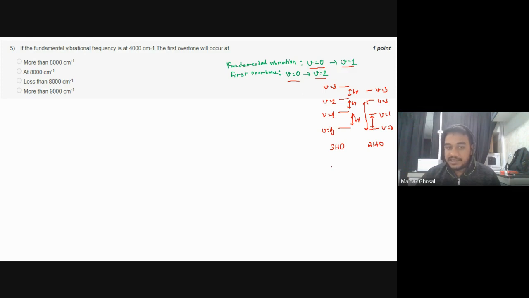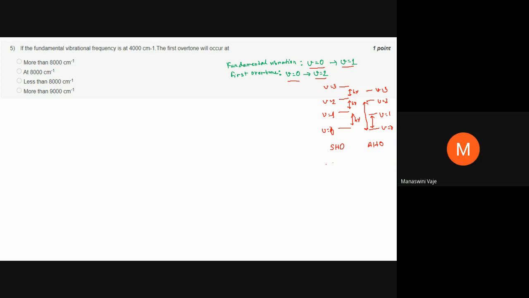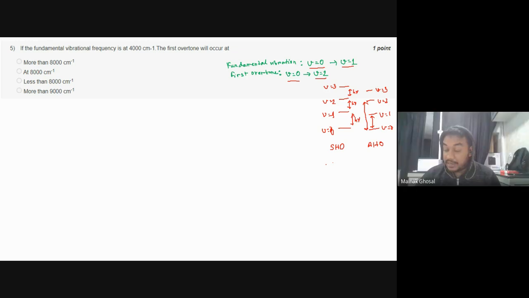Is this question clear to you, or should I explain again? At 8000. Okay. So I'm just explaining again. Suppose for this case, v equals 0 to v equals 1 transition, what should be the energy?